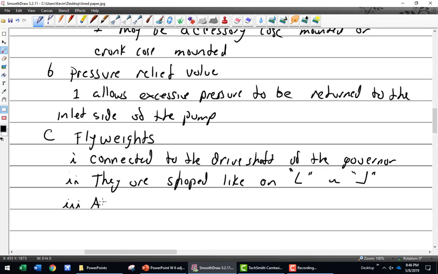So we got here, as the governor speeds up. I'm going to just put gov. And what am I going to do with all the time that I've just saved by not having to write governor? Sea World.